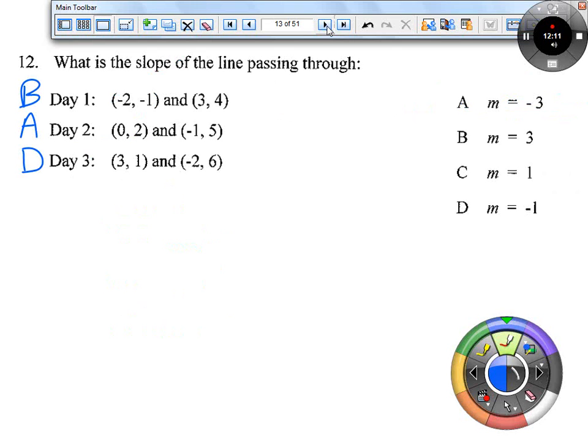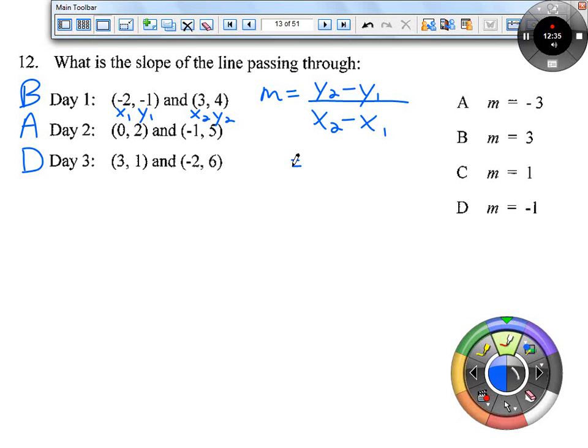Okay, 13. What's the slope of the line passing through these 2 points? First you want to use the slope equation. The slope equals y sub 2 minus y sub 1 over x sub 2 minus x sub 1. If you label your points, that would be x1, y1, x2, y2.